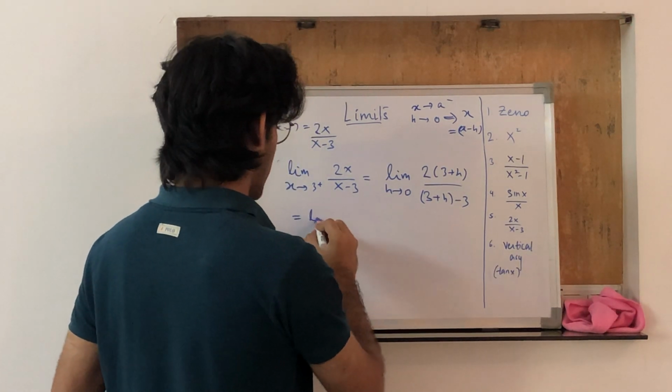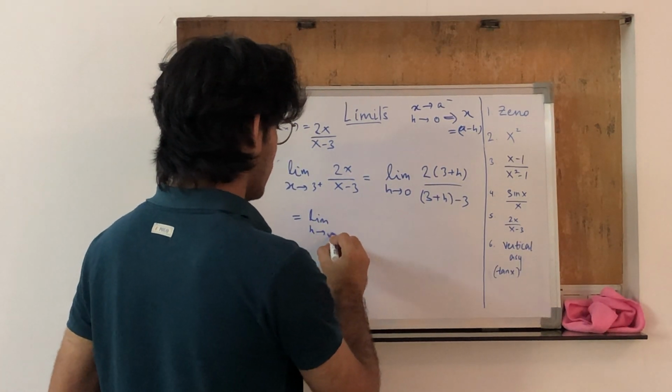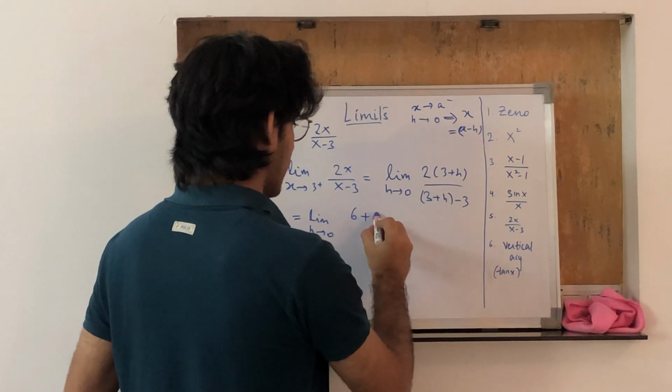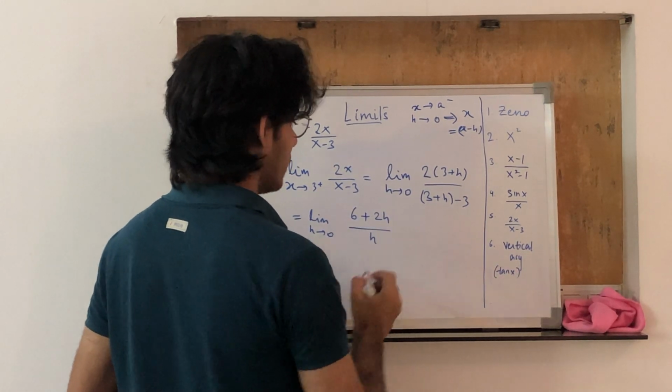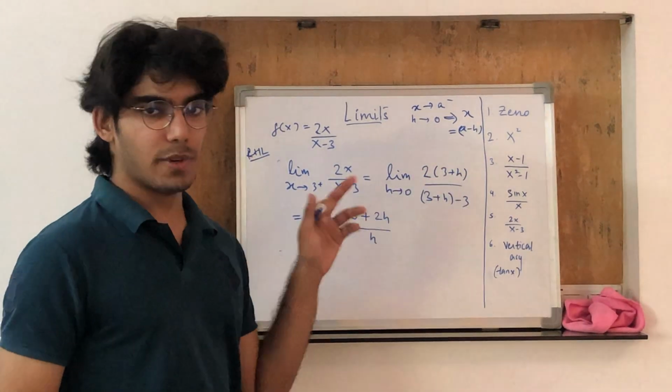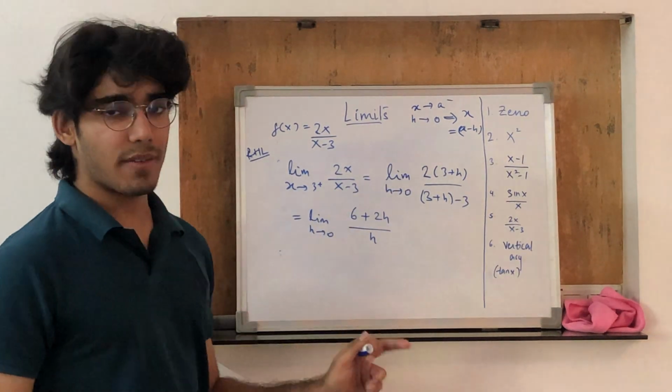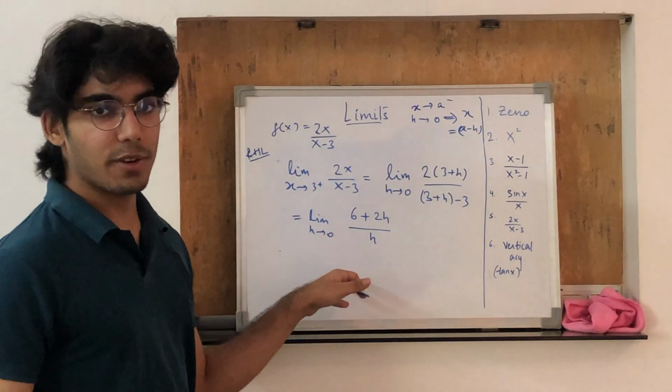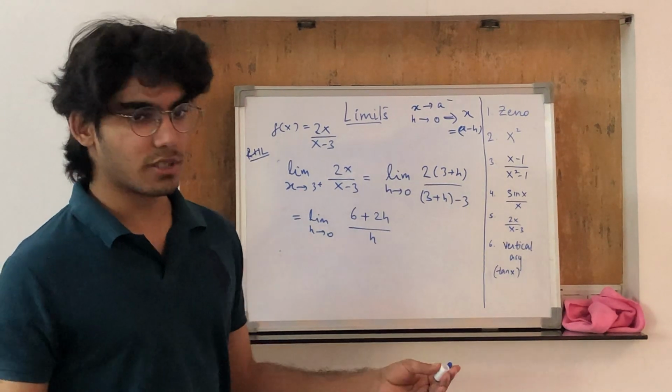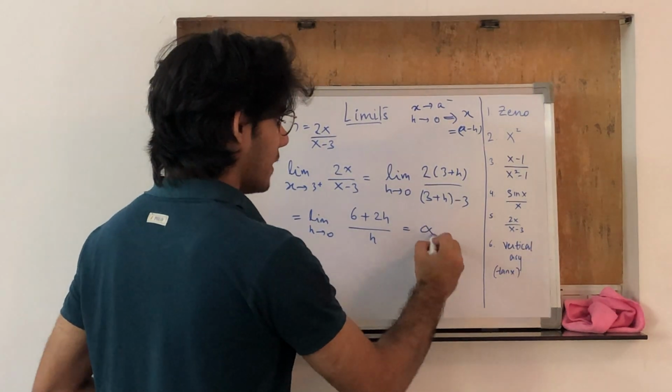This is just going to give us limit h tends to 0, 6 plus 2h divided by h. This is different from the limit that we got before because we do not have a negative sign. So if we were to evaluate this, we're going to get something like 6 over 0, which is positive infinity, right?